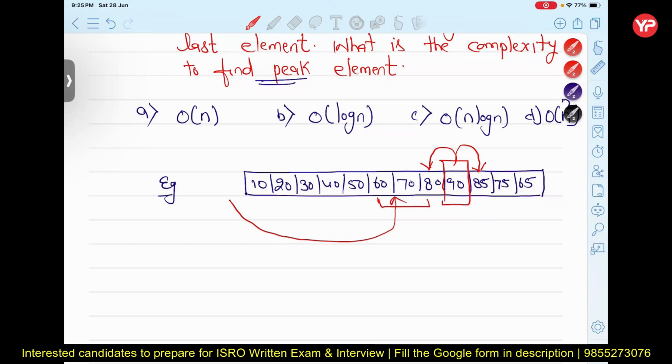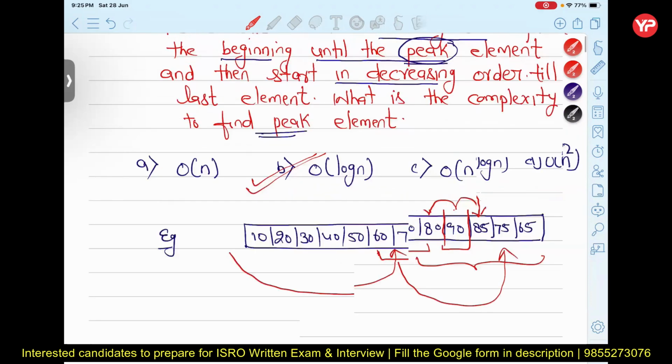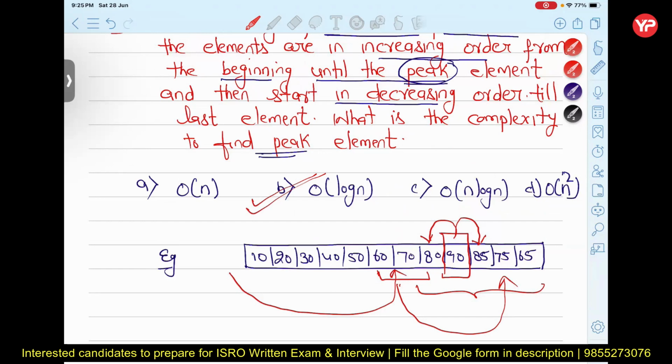If the right-hand side element is greater, then go to the right subarray. If the left is greater, then go to the left subarray. In this way, it takes only log n time. That means you can apply binary search here. That's why the time required to find the peak element in this array is order of log n.